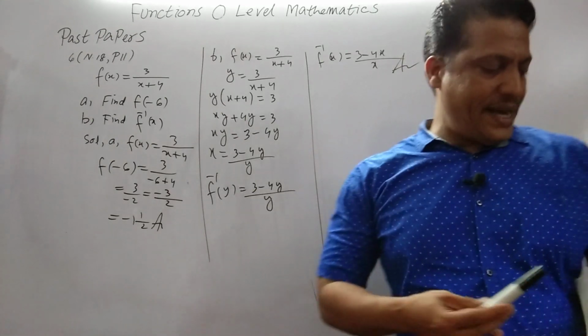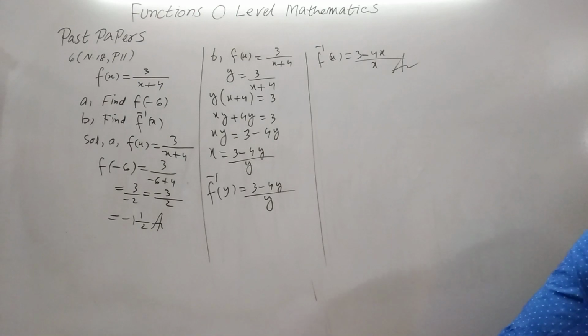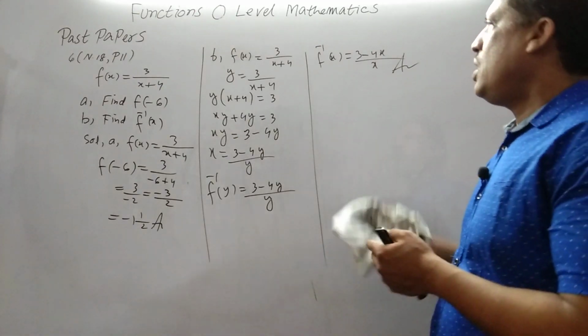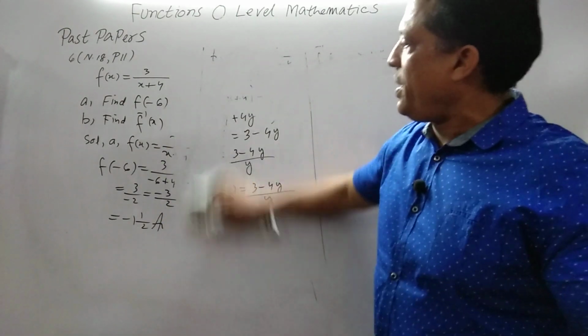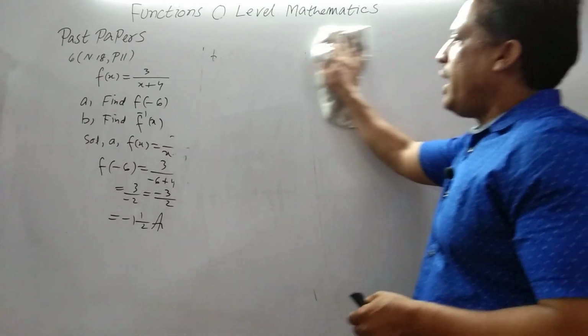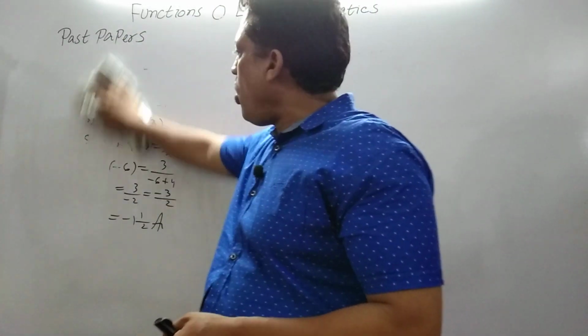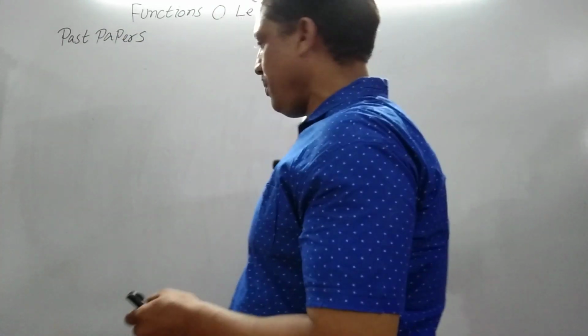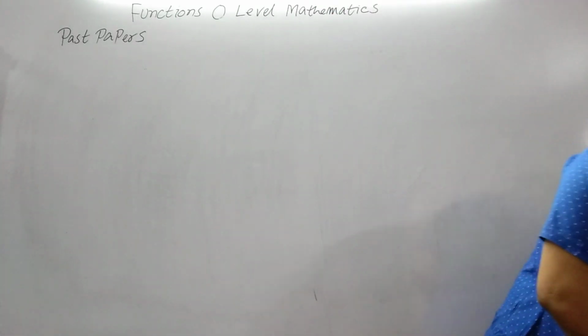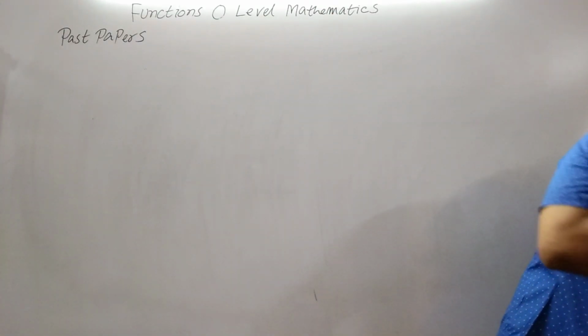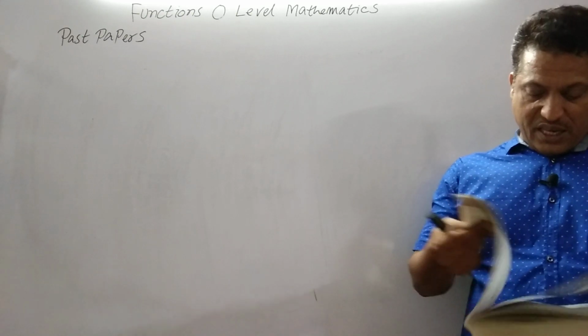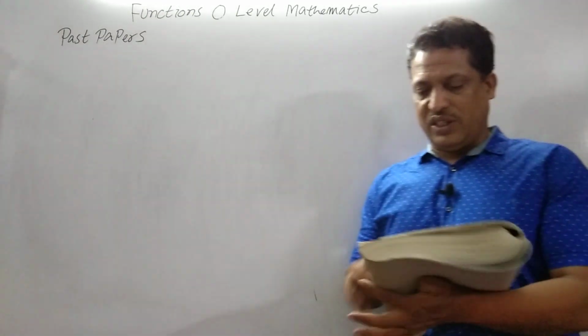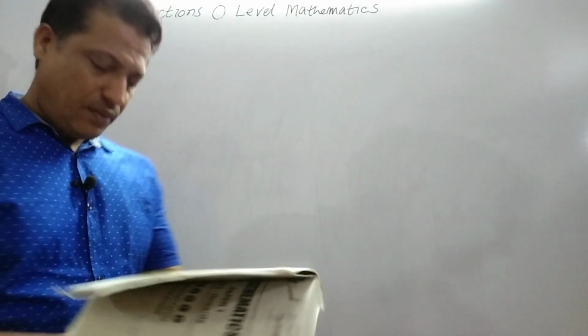Okay, next question, and this is the last question of today's class and this topic as well, because I hope you can do all questions without my help, because we have done a lot of practice of these past papers of the topic functions. Last question.